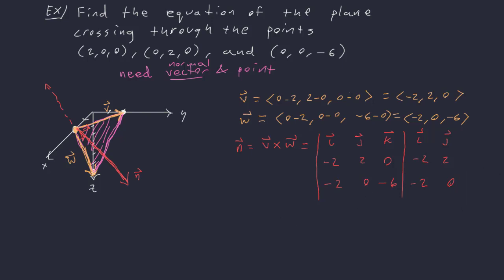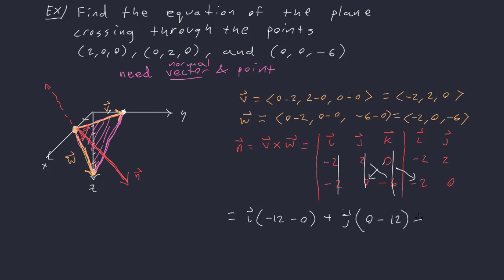Oops, don't need that last line. And then start calculating our cross product. Right, so we'll ignore that first column, and it will be -12 minus 0. Okay. Then we'll ignore that column, and then it will be plus j times 0 in the main diagonal, and then minus a -2 times a -6, which will be a positive 12.